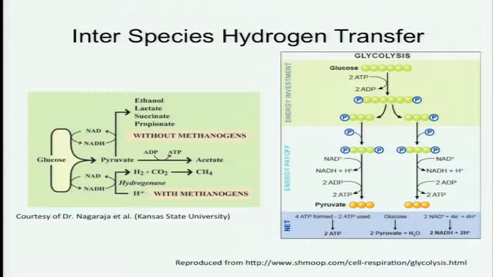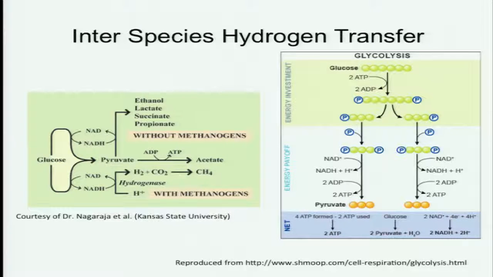So what's the role of the methanogens in the rumen? If you look at this figure, you can see in the rumen, which is anaerobic, glycolysis is key for metabolism. During glycolysis, NAD is reduced to NADH. So you have to recycle this NADH back to NAD for glycolysis to move forward.